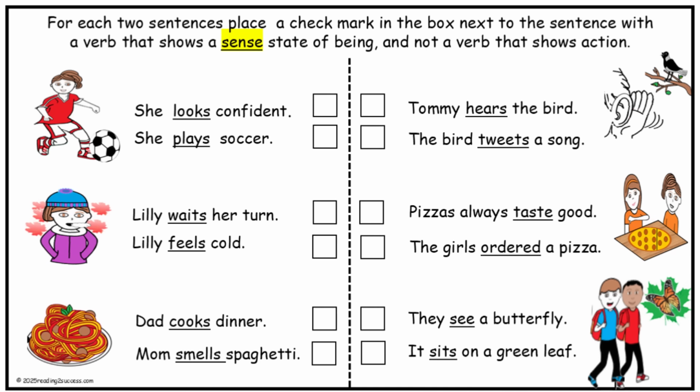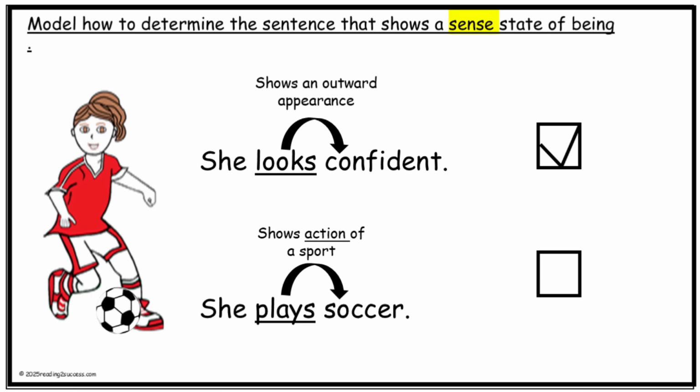This is a first practice page where kids need to place a check mark in the box next to a verb that shows a sense state of being and not an action. Begin by modeling for kids how to determine the sentence that shows a sense state of being.